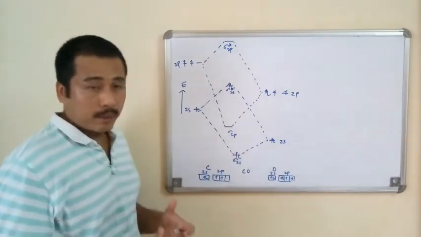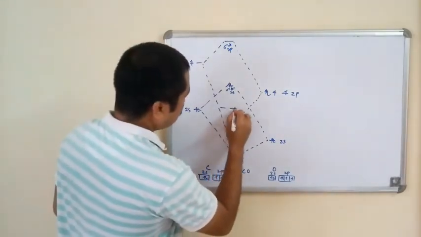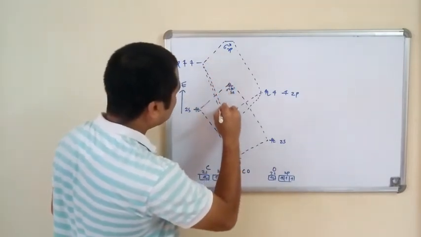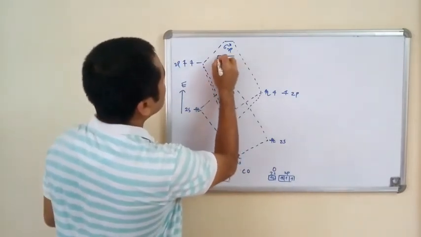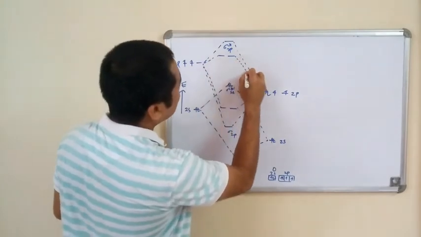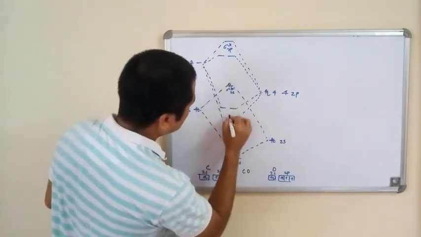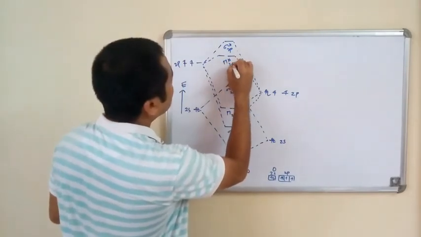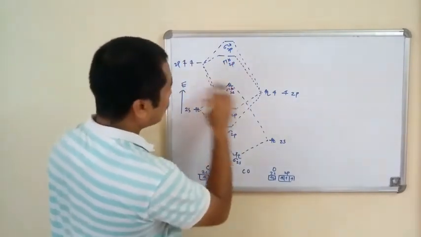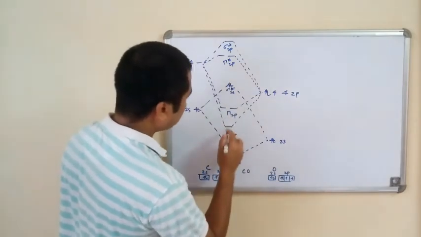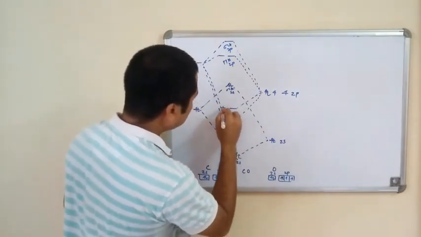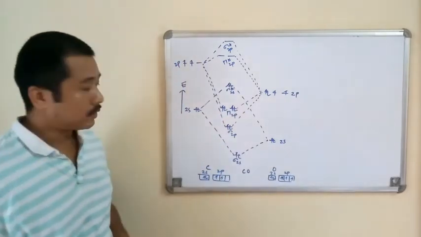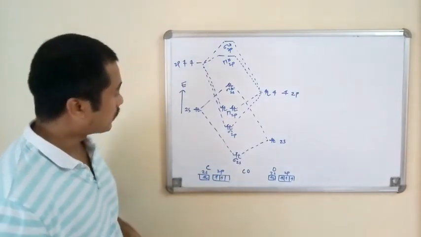After that, pi molecular orbitals form: this is pi bonding and this is pi anti-bonding, pi 2p and pi star 2p. If we fill the electrons from the 2p orbitals in these molecular orbitals, this is how the electrons are filled.